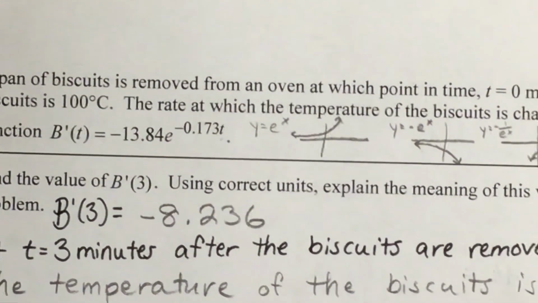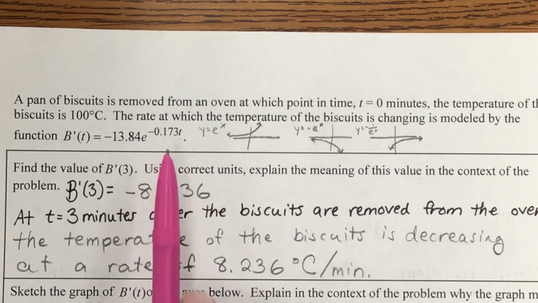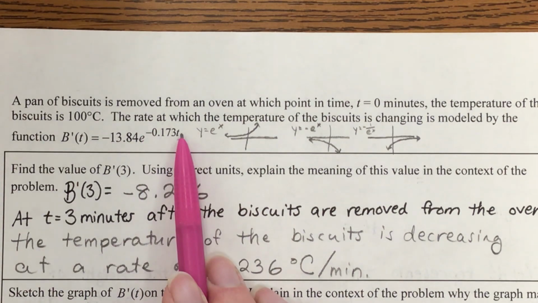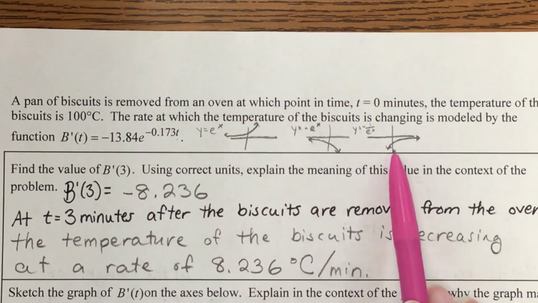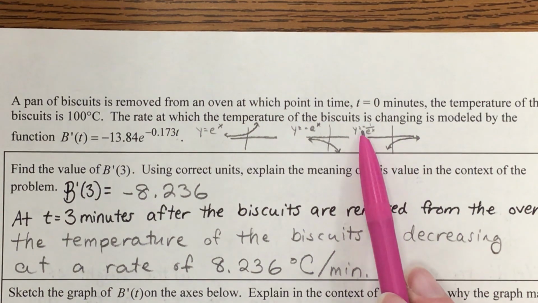If you think back to earlier classes that you took, if there was a negative exponent up here, what that meant is that you would have decay instead of growth. So the decay means that you're getting closer and closer to the x-axis, and then because this is negative, it's flipped upside down.